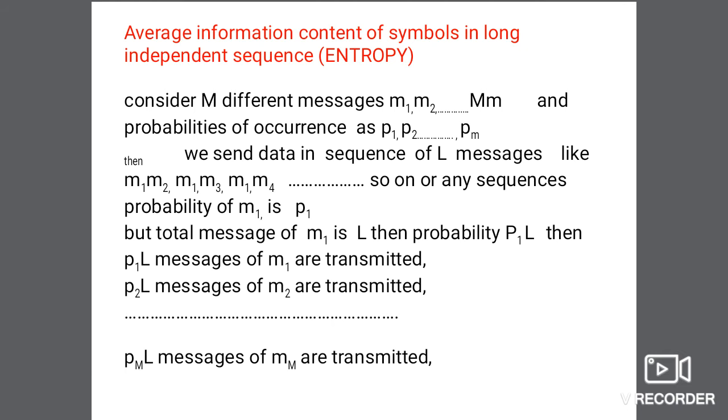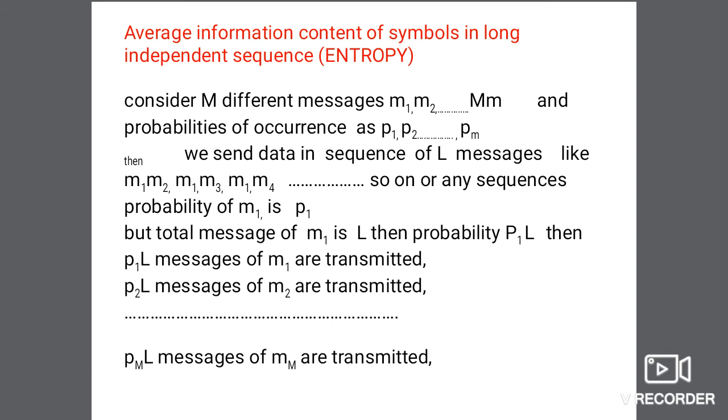Suppose we send data in a sequence of L messages like M1, M2, M1, M3, M1, M4, M1, M5, and so on. In any sequence, the probability of M1 is P1, so the total number of M1 messages is P1L.